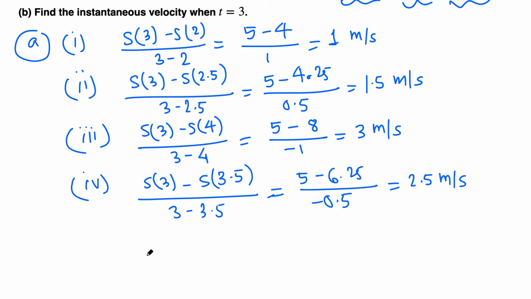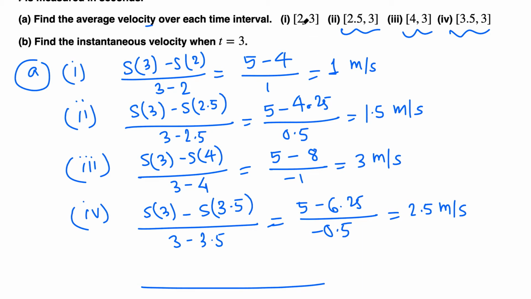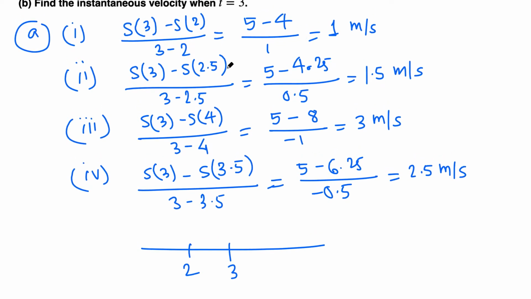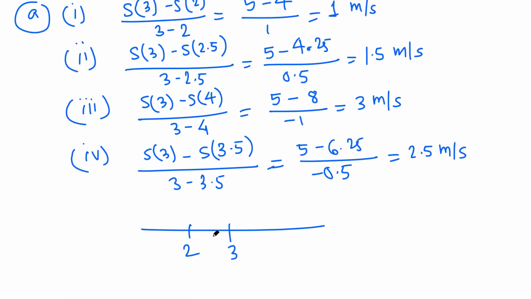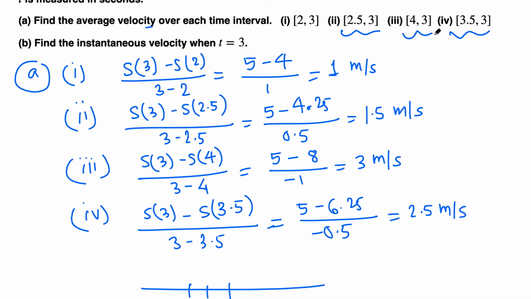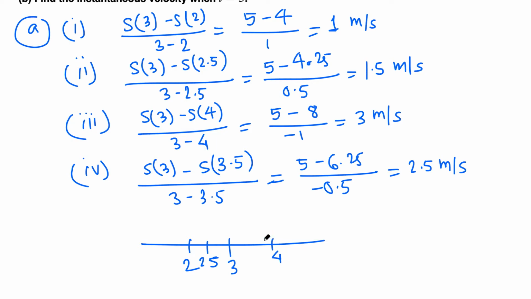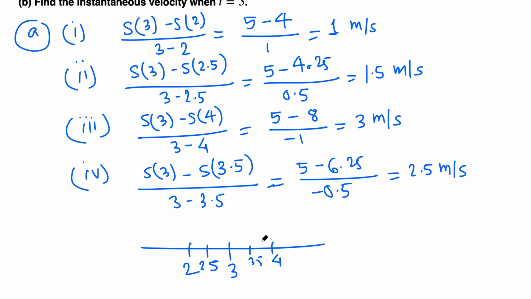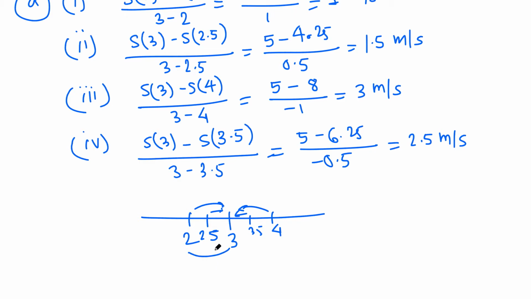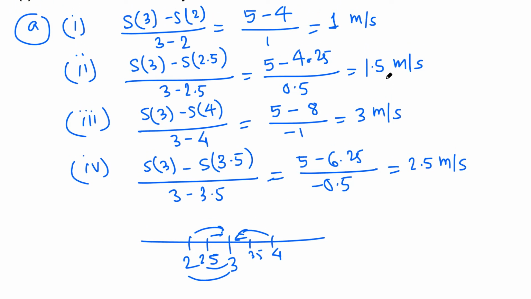If you look at this closely, we found the average velocity over [2, 3], then [2.5, 3], so we are going closer to 3. On the other hand, in parts 3 and 4, we did [4, 3], then [3.5, 3]. From the left side, we got 1, then going closer to 3, we got 1.5, so it is increasing.